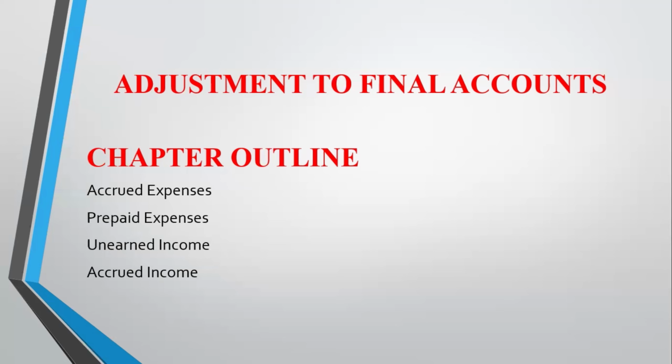That is the adjustment to final accounts. What this is trying to say is sometimes some of the payments or expenses or income are not related to a particular year, that is the year that we are preparing the financial statement. So if it is not related to that particular year, then it means we have to make some adjustment.